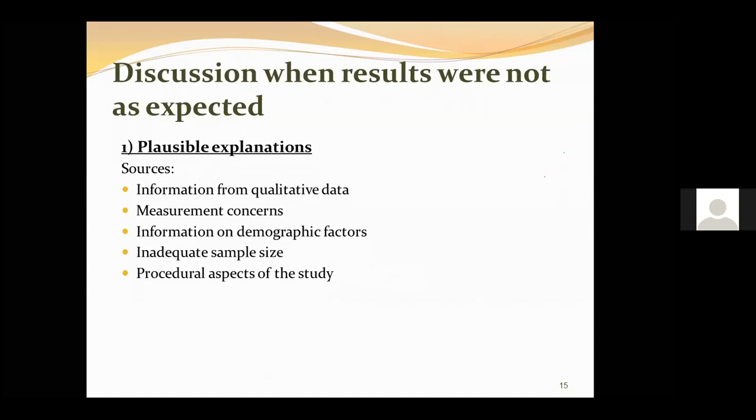According to your results. So, your results turn out as not expected. How do you discuss that? Here's the approach. Number one, you could look for reasons why this may have occurred.